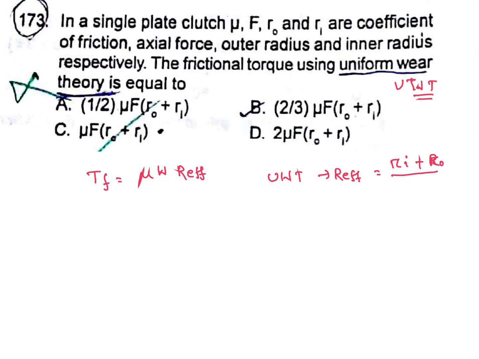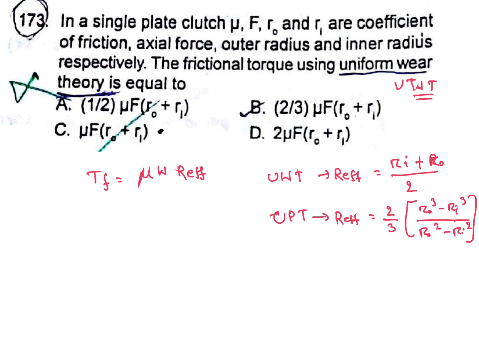And for uniform pressure theory, this is also important. You remember both. It's 2 by 3 into (Ro cube minus Ri cube) divided by (Ro square minus Ri square). Both are important. So in this question they already mentioned uniform wear theory.